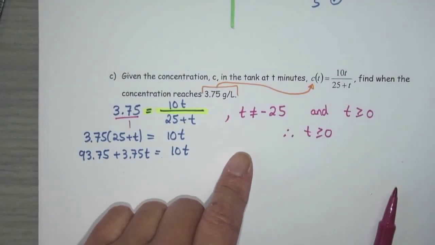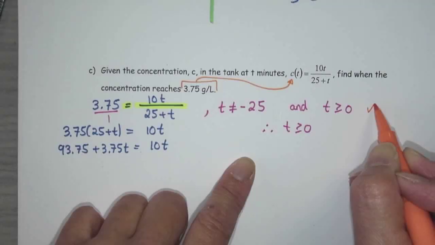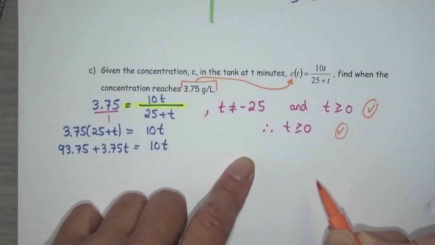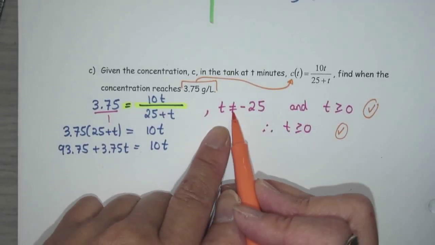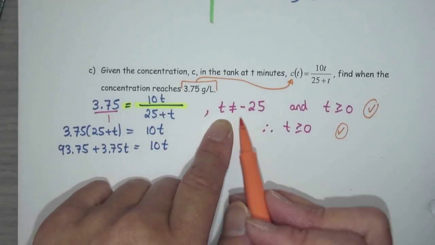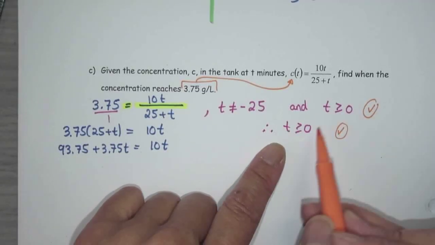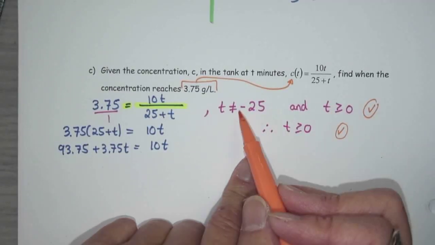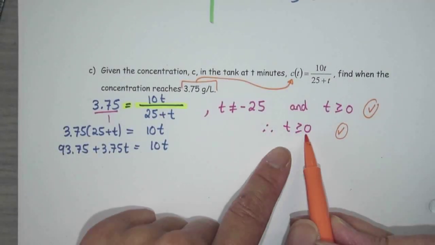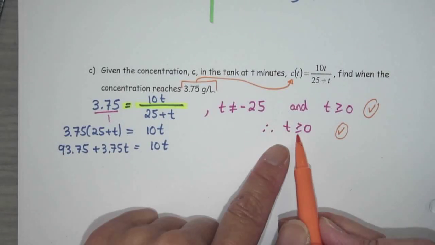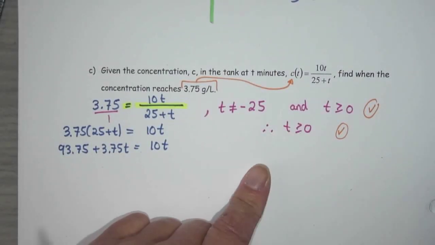So yes, I want to see this, right? This is part of the idea that it's a word problem, so I'm going to see that you did this and then you did an analysis. If you skip this part, I would probably accept if you went t can equal negative 25, but therefore t has to be greater than or equal to 0, because I did the context here. Some people say they wrote it twice because they were analyzing that this and this equals this. If you went this and then this, I would accept that, because you're saying it has to be greater than 0 anyway.